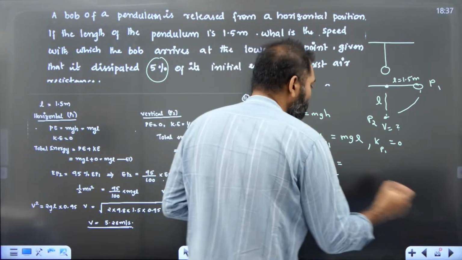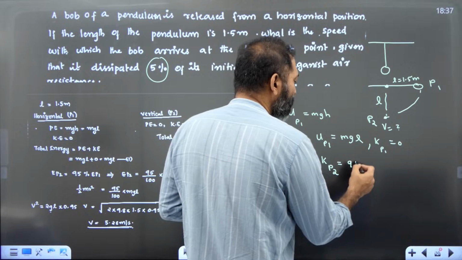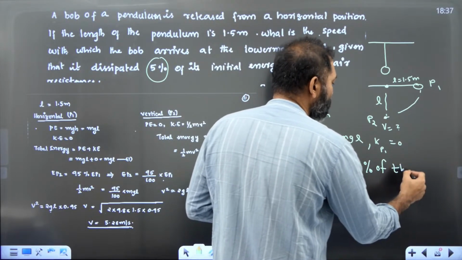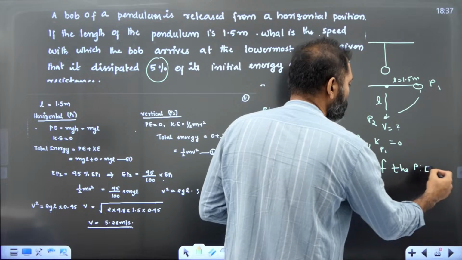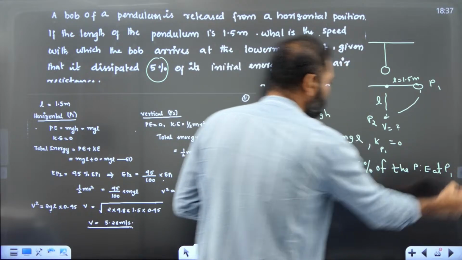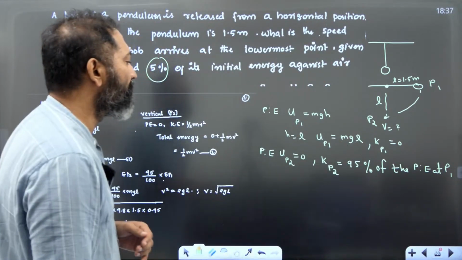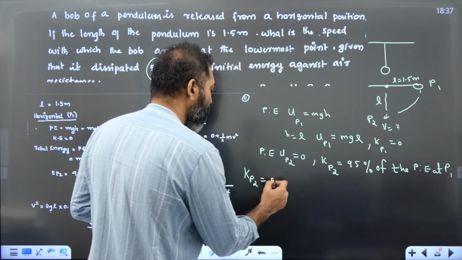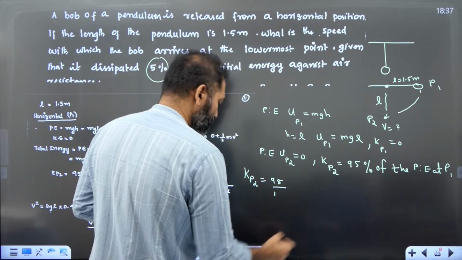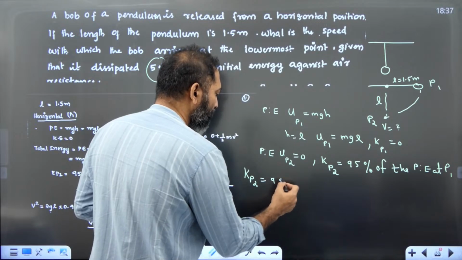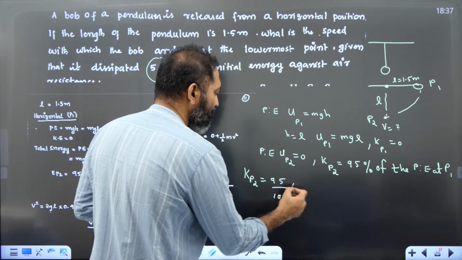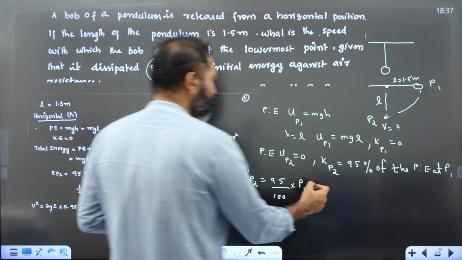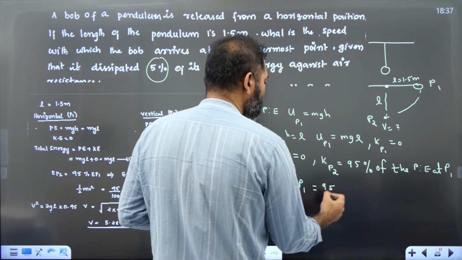So, what is kinetic energy at P2? 95% of the potential energy at P1. So kinetic energy at P2 is equal to 95 by 100 times the potential energy at P1.